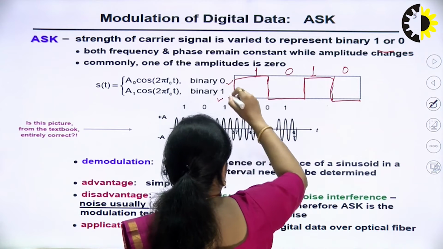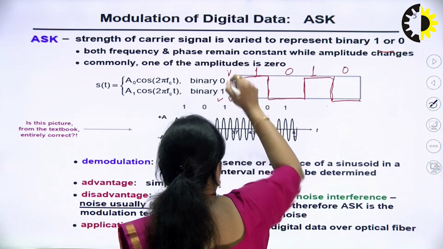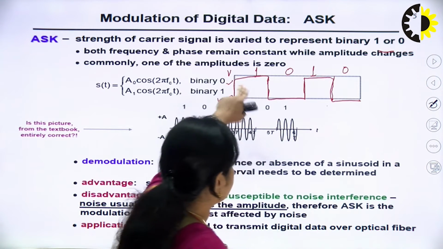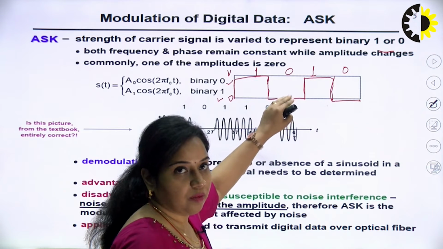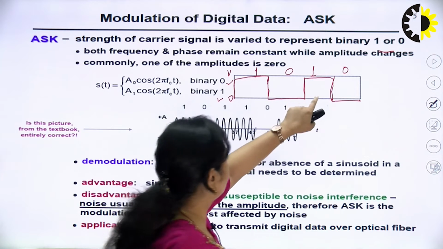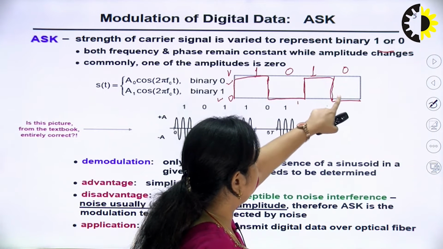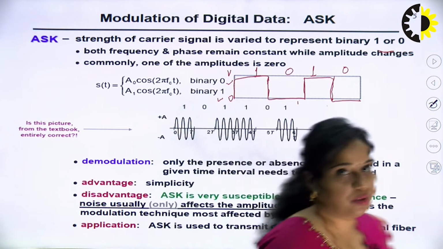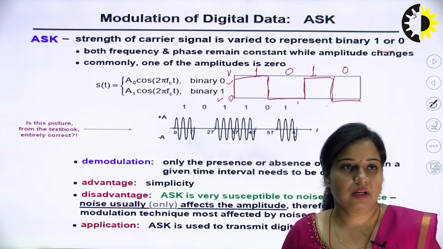This is 0 volt, this is V. So for bit 1 you are considering a voltage level, this is a kind of line coding only. For 0 you are transmitting 0 volt, again for 1 you are transmitting voltage V, and for 0 you are transmitting 0 volt.